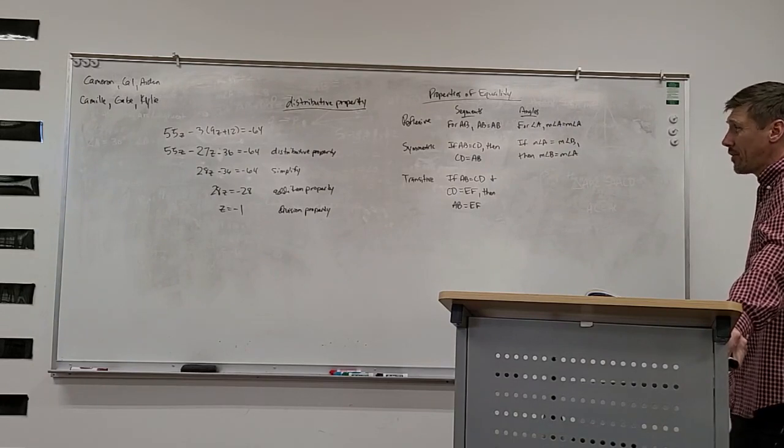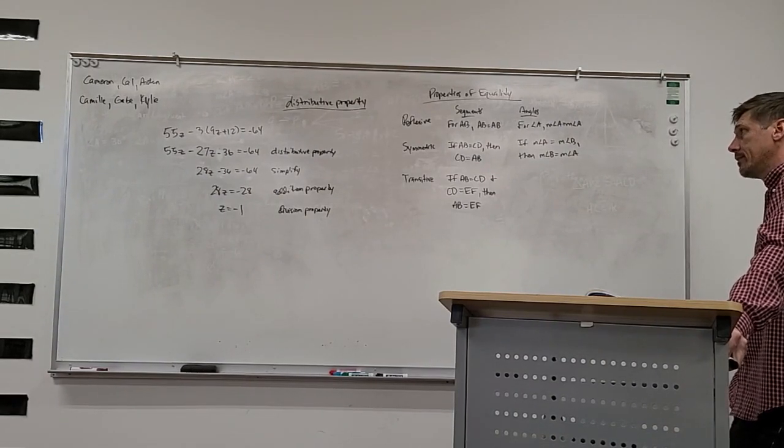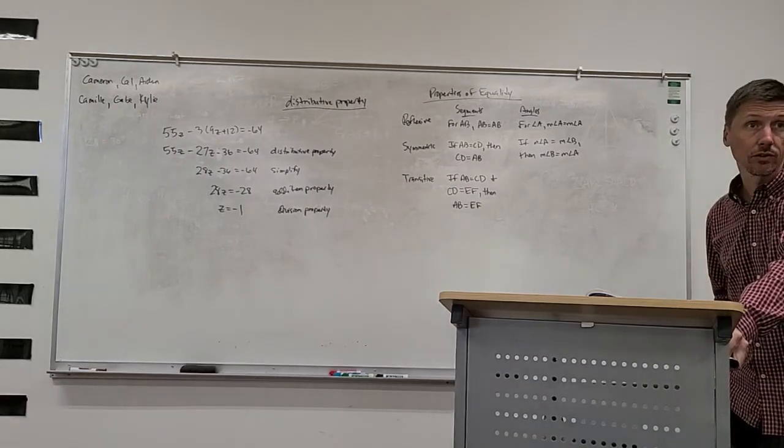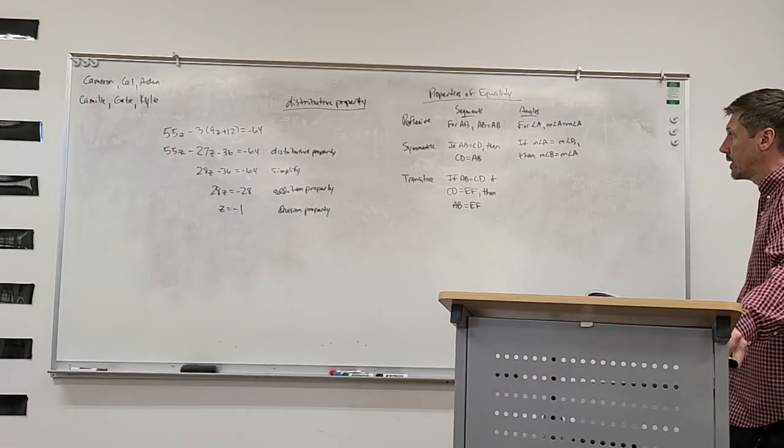And so if the first line segment is equal to the second, and the second line segment is equal to the third, then we can say that the first and the third are also equal to one another, right? That's all that statement's saying.